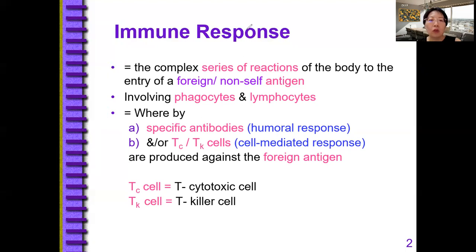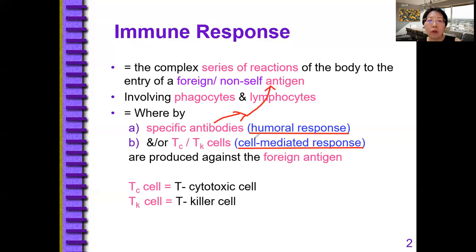Okay, so for the TK or TC cell, the immune response that involves them is called the cell-mediated response. So immune response has two types. When it leads to production of antibody, it's called humoral response. When it leads to activation of TC or TK cells, it's called cell-mediated response. Why? Because over here, it is the humor, meaning the liquid, which is the antibody that will act on the foreign or non-self antigen.